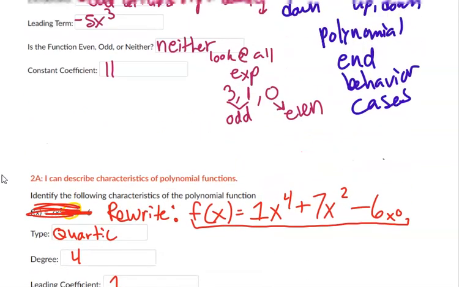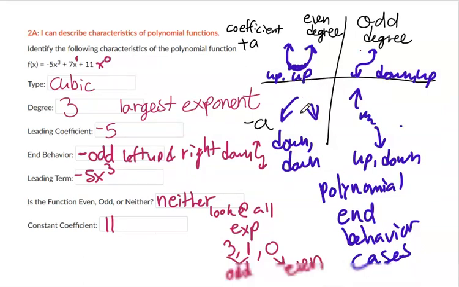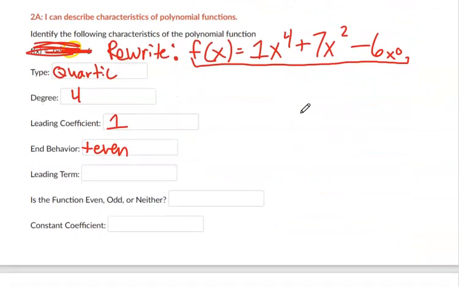So let's look at that. So positive, even, up, up. So it's going to be left, up, and right, up. So it looks something like this. Our leading term is x to the 4th power.